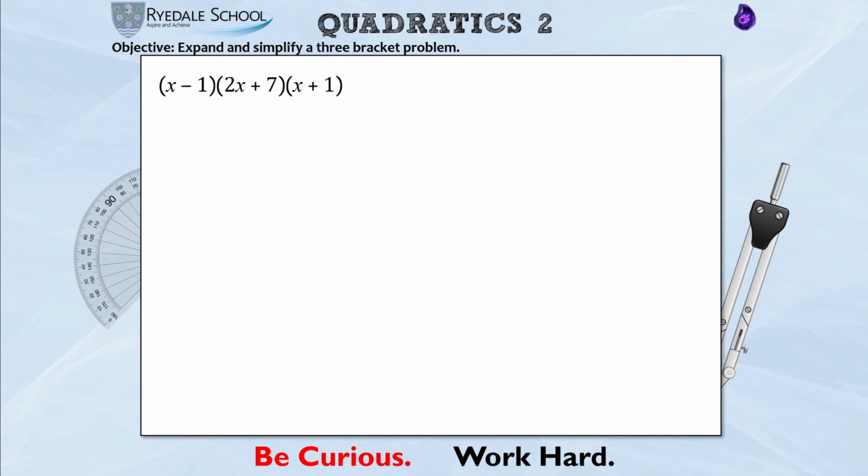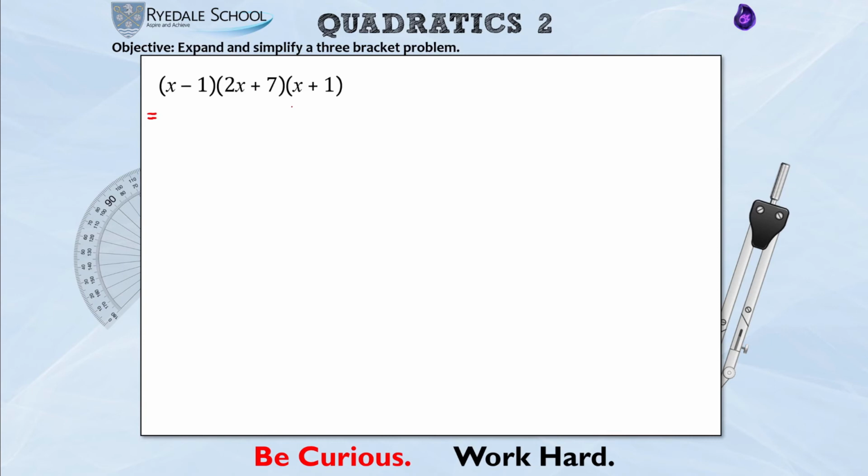Now, I have said that order doesn't matter, okay? So you can actually change the order of a question. I'm still going to do this question the exact same way, doing the first two brackets first. But if you're really, really interested, I'm going to put a timestamp in the video where you can jump to the end and you can have a look at a different approach that I would actually use for solving this one, and I'll try and explain why.